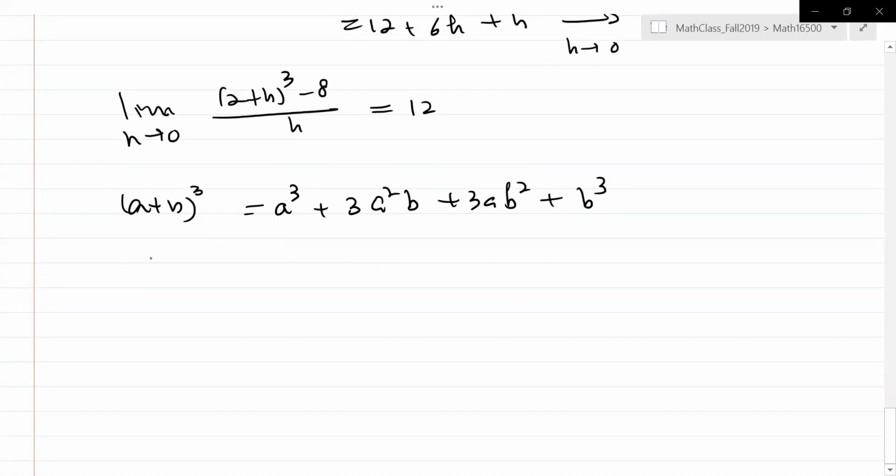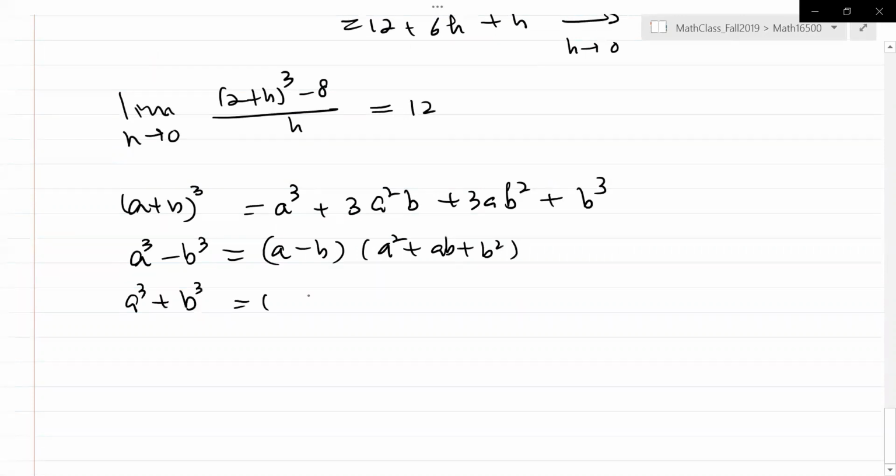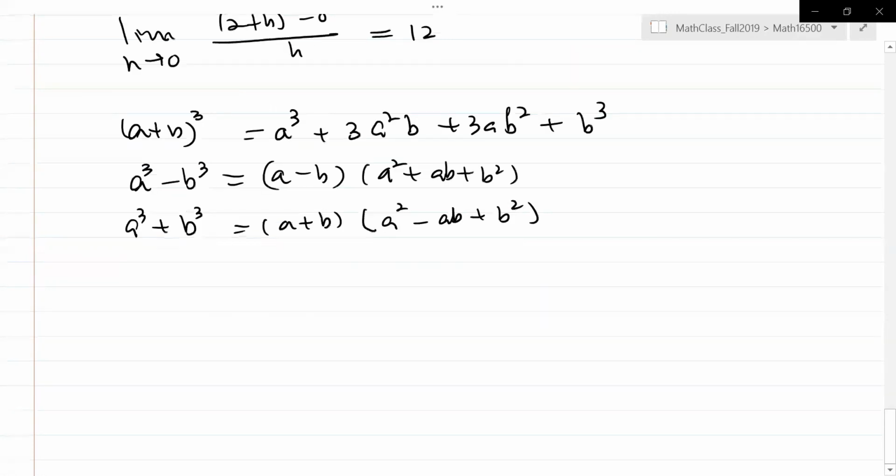Do you remember what it equals? It's (a minus b) times (a squared plus ab plus b squared). There's also another one, a cubed plus b cubed, which is (a plus b) times (a squared minus ab plus b squared). Those are very important formulas, and we're supposed to know them.